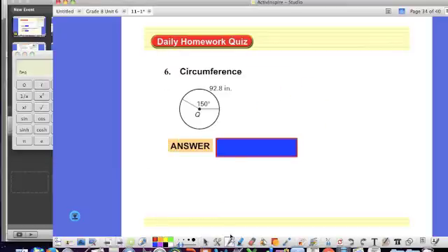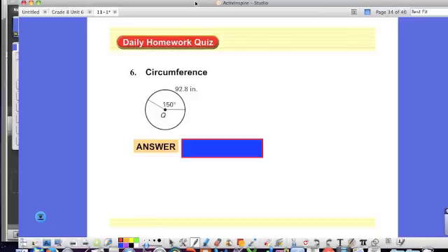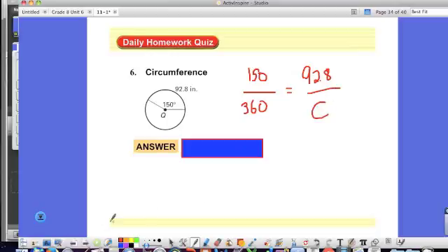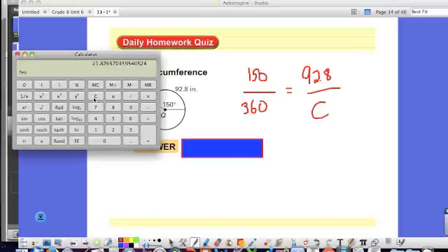And problem number 6, find the circumference. So I have 150 degree arc over 360 degrees equals 92.8 over an entire circumference. So 360 times 92.8 equals that number divided by 150.